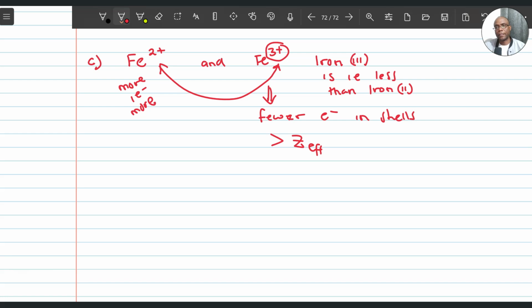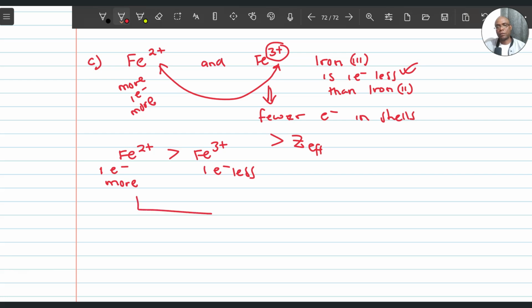This is 1 electron less to be attracted by the nucleus. So I expect that iron 2+ is going to be bigger than iron 3+ because iron 2+ has 1 electron more to be attracted, while this one has 1 electron less to be attracted.